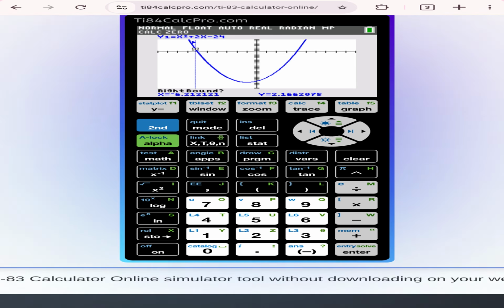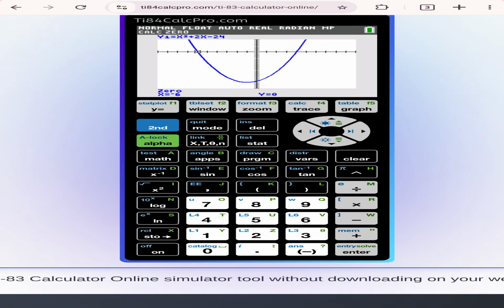So you'll hit enter, and then see how it changes to right bound. When it says right bound, you need to go over the x-axis. If you don't have one value above and one value below, you're going to get an error. So now I go below, I hit enter, then it will say Guess, I hit enter one more time, and then I get a clear value that my intercept is at -6, with y equal to 0. So one of my intercepts is -6.